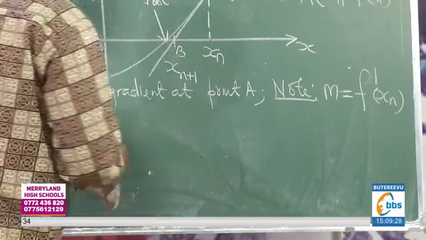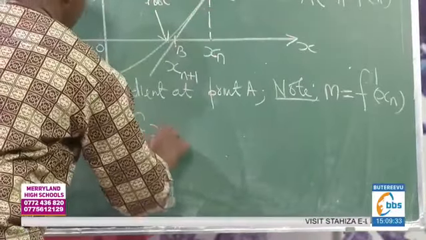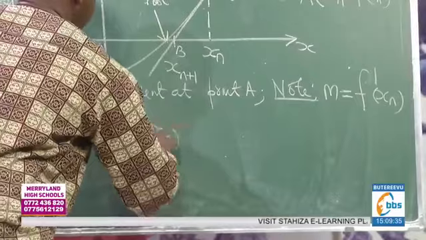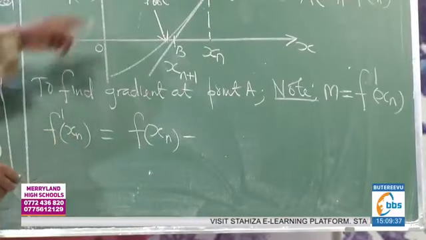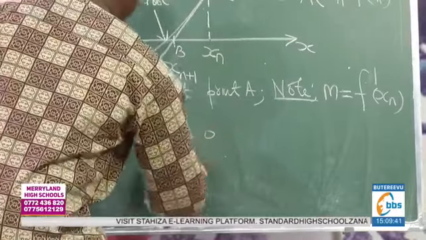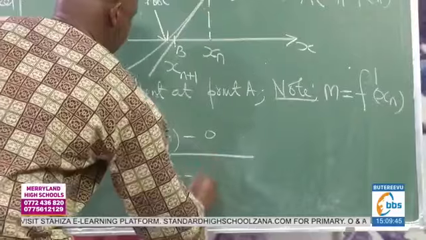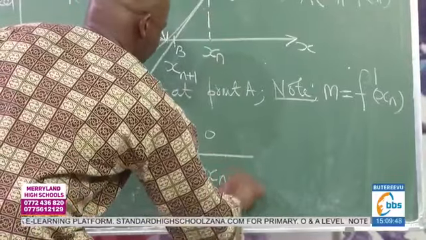So the change in the f function would be f of xn minus 0 over xn minus xn plus 1.